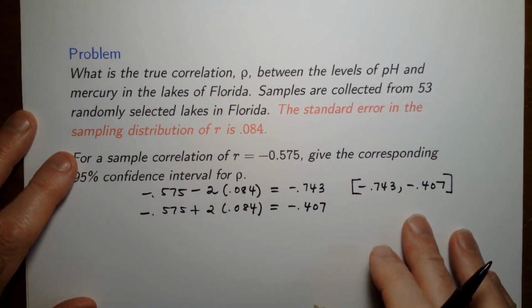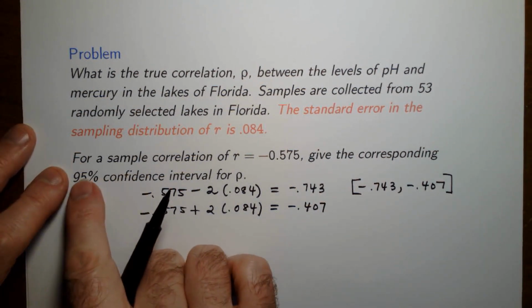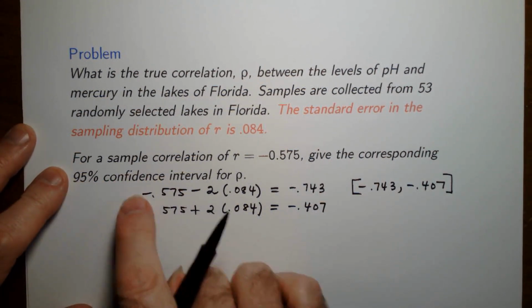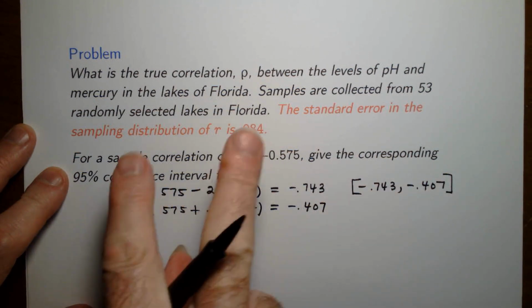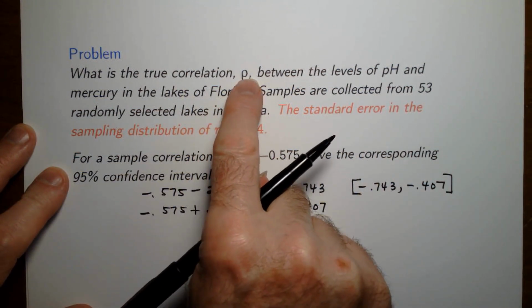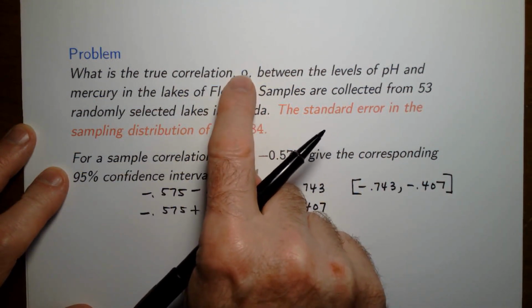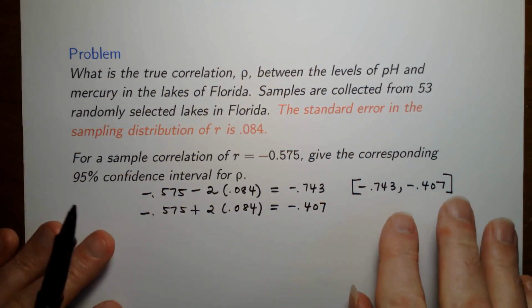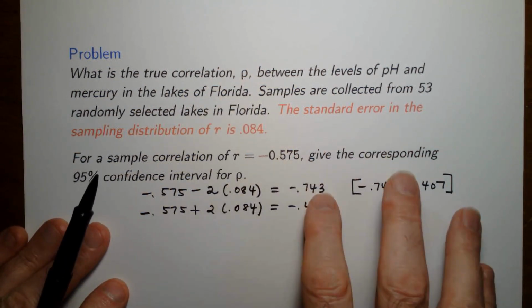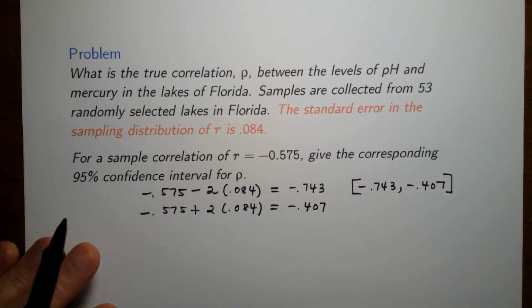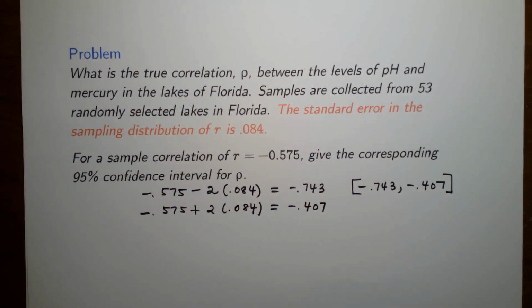Okay, and how should we think about this? We are 95% confident that this interval is going to cover the true value of rho. Whatever that true value of rho is, we believe that this interval is going to cover that. We have 95% confidence in our method. Okay, so let's go back to the course notes, and I'll see you over there.